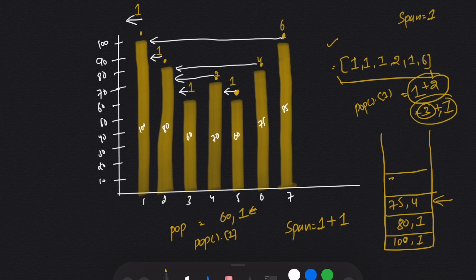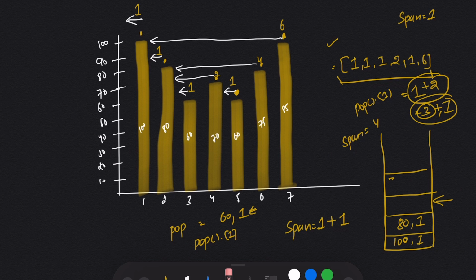Now I come to 85. I will check whether previous day price is less than today's price or not. Yes, previous day price is less than today's price. So I will pop 75 and now my spend value will be equal to 4. Now again I will check whether previous day price is less than today's price or not. Yes, it is.